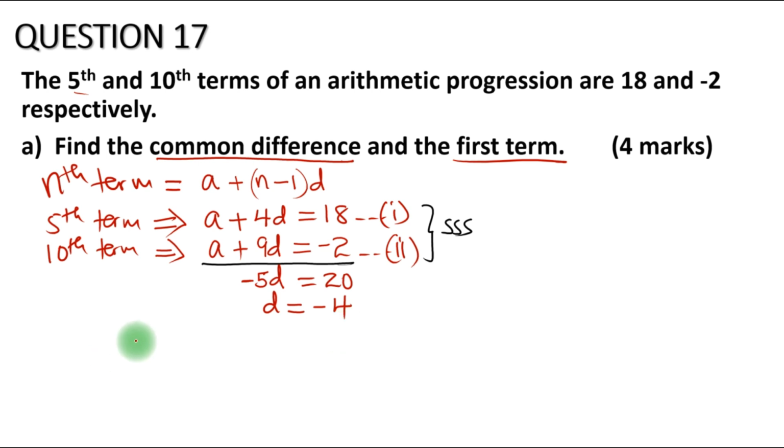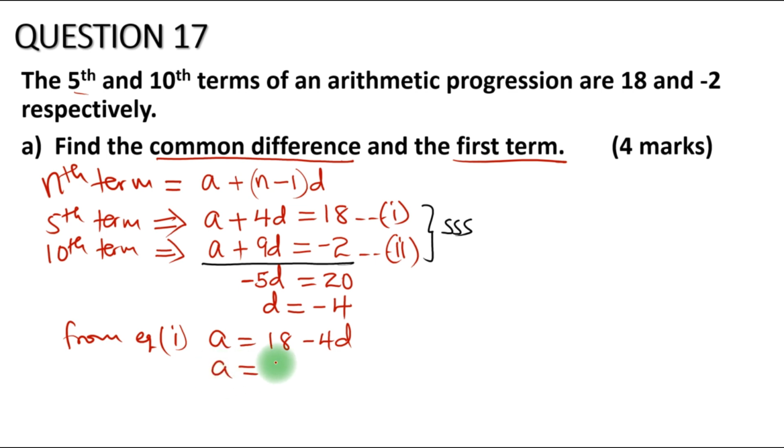Therefore, the first term. So we need to find the value of a. So from equation 1, a will be equal to 18 minus 4d. Substitute the value of d into this equation.